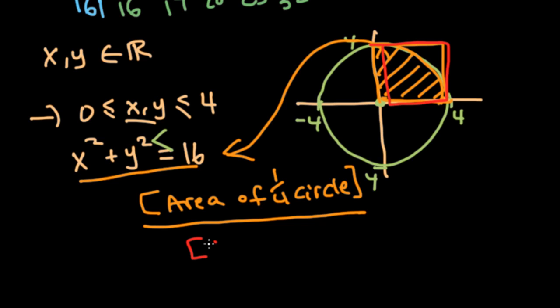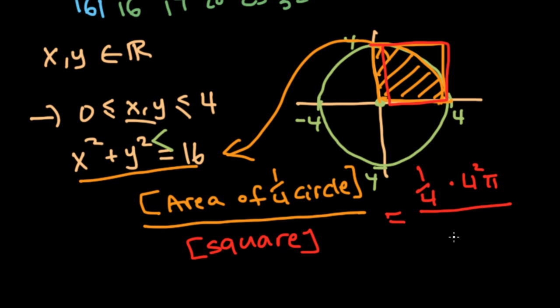So this is 1/4 times radius squared pi, which is 4 squared pi, over the area of the square, which is 4 squared. If you simplify this, you get pi over 4. So the probability that x and y, where x and y are both between 0 and 4, satisfy this is pi over 4.